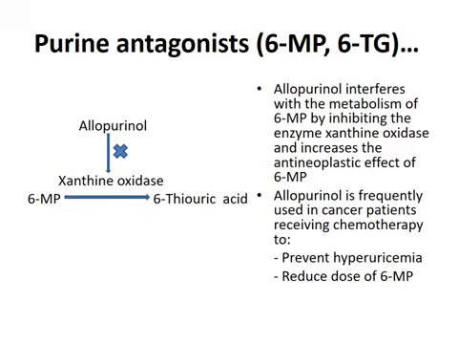So allopurinol inhibits this enzyme xanthine oxidase, and we have more availability of 6-mercaptopurine. Allopurinol interferes with the metabolism of 6-mercaptopurine by inhibiting xanthine oxidase and increases the anti-neoplastic effect of 6-mercaptopurine. It is frequently used in cancer patients receiving chemotherapy to prevent hyperuricemia and reduce the dose of 6-mercaptopurine.